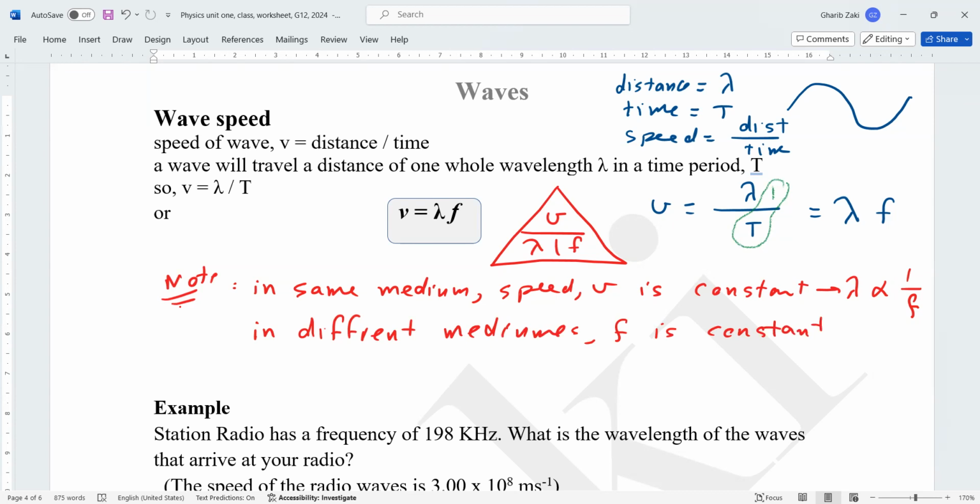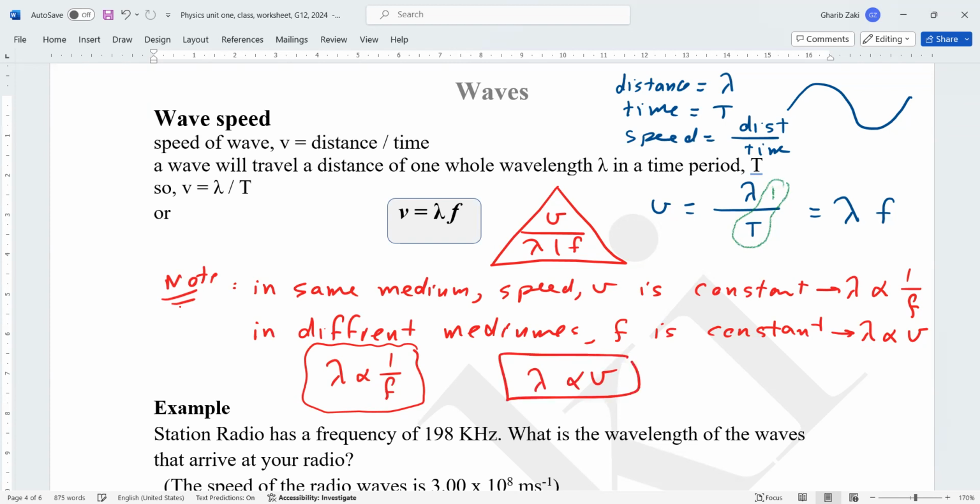Then what is the relation between lambda and the speed? It's direct. Lambda is directly proportional to the speed. Then remember, lambda is inversely proportional to the frequency in the same medium. Lambda is directly proportional to the speed in different mediums. So take care.